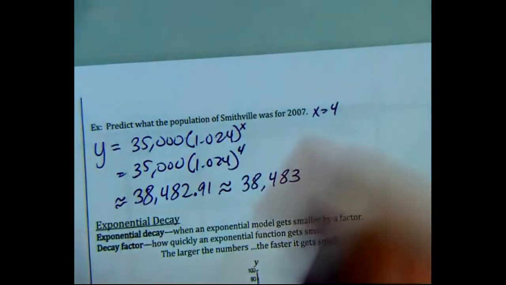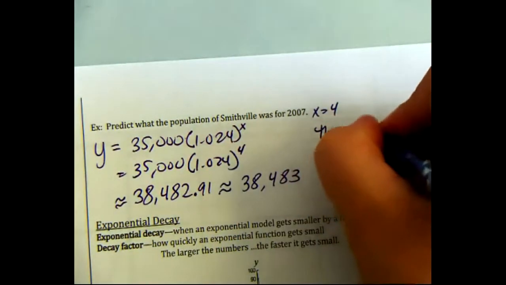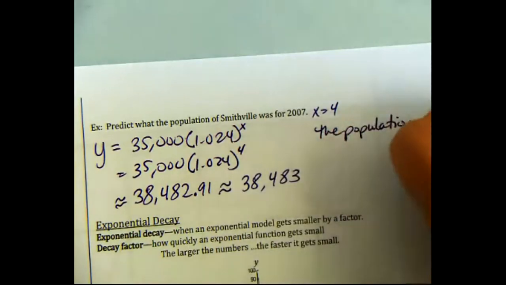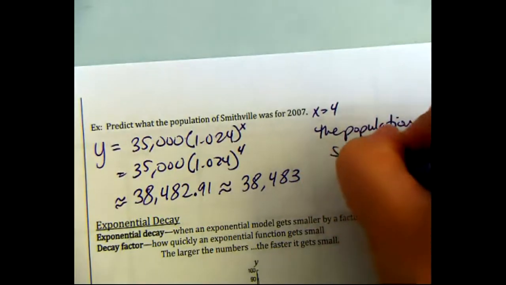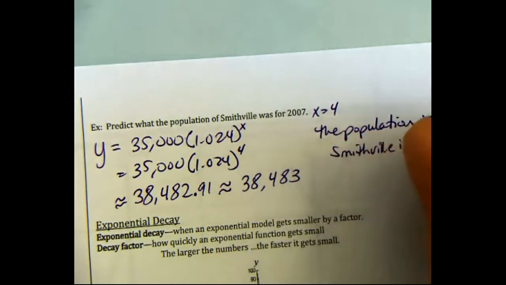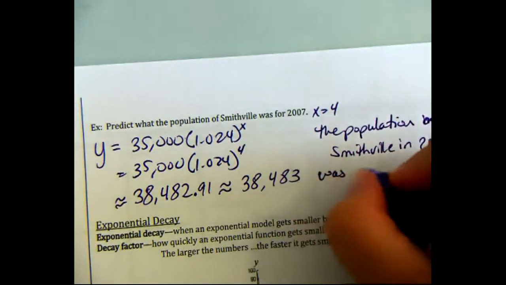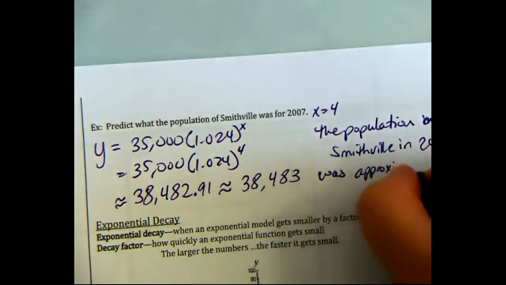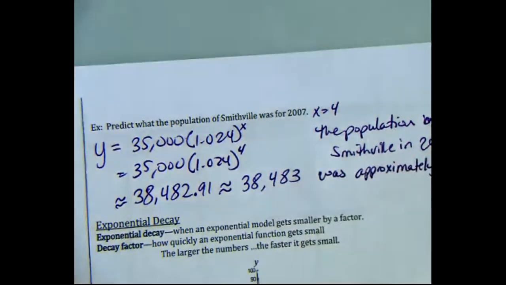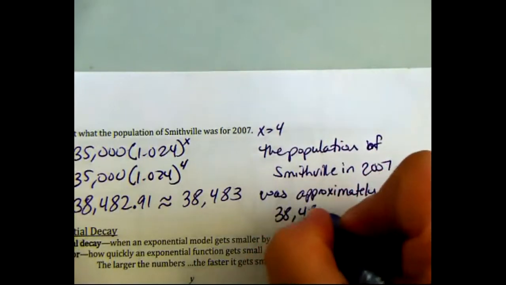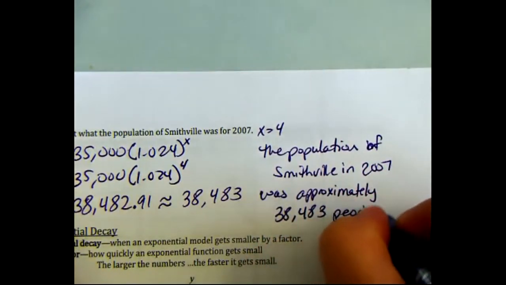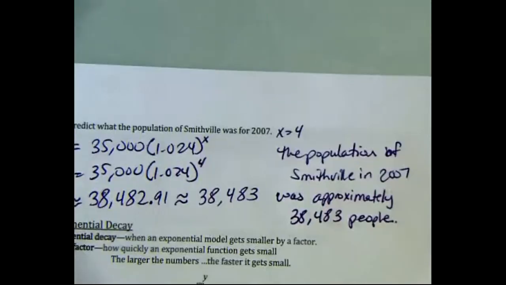So the population of Smithville in 2007 was approximately, because we approximated, we want to write approximately 38,483 people.